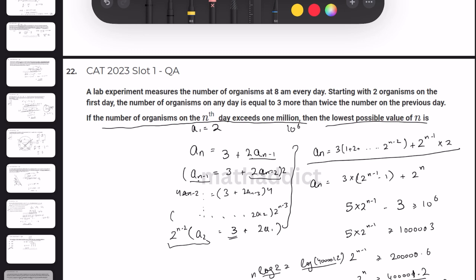No, the answer is 19. Let's take the logarithm.